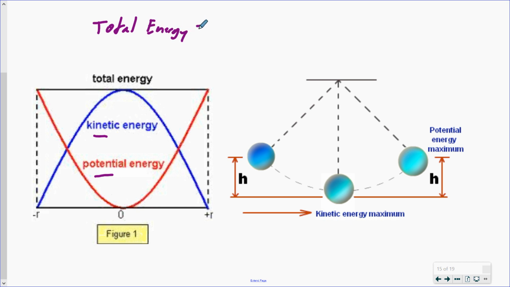I think I have this on another slide, but total energy is the kinetic energy, I'll write it here as KE, plus the potential energy. So in this picture here, what it does show is way at the left-hand side, the beginning of this graph, what we have is 100% all potential energy.